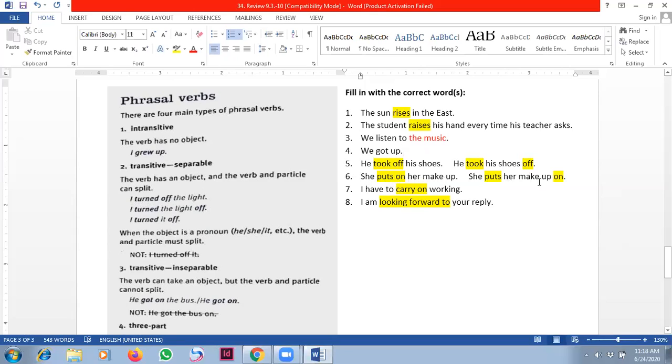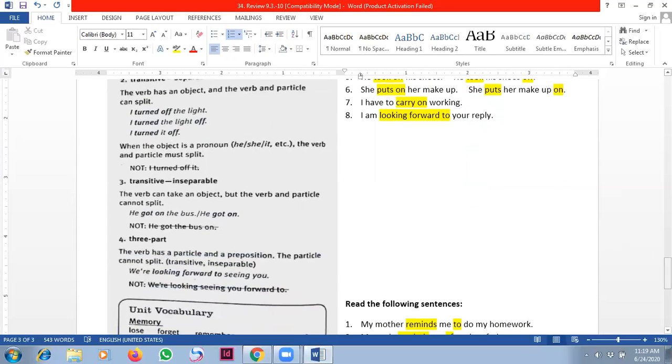She puts her makeup on. This is also separable. But here it is inseparable. Inseparable means cannot be separated. For example, he got on the bus. He got on. You cannot say he got the bus on.